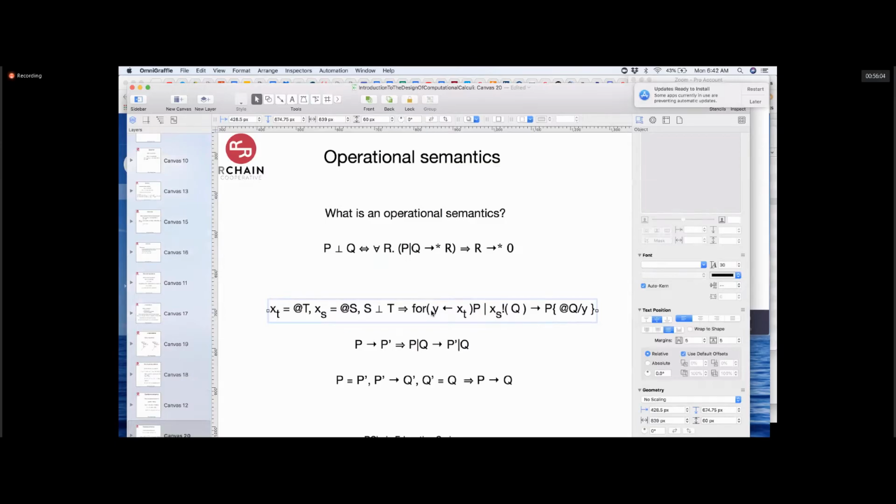Because if it's forever looping, it's not an interesting operational semantics. And exploring this particular variation, I'm trying to help you understand some of the characteristics of operational semantics. That's why I wanted to look at this. It turns out to be quite interesting in its own right, but it helps you understand operational semantics.